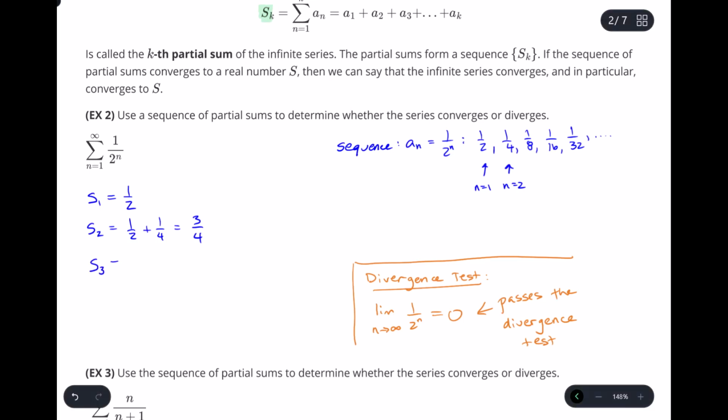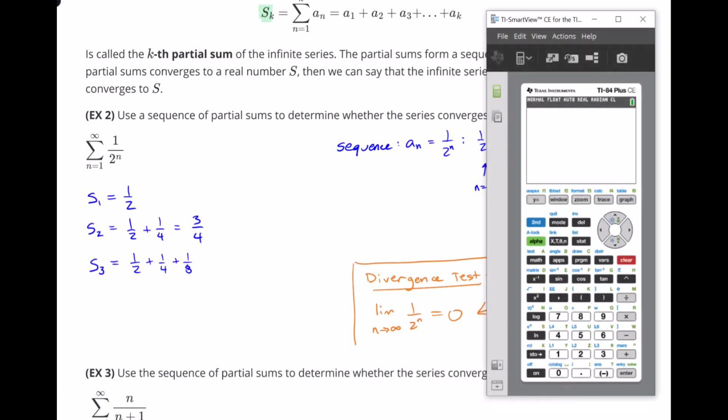S sub 3 is going to be the sum of the first 3 terms. So 1/8 is where n is equal to 3. So in effect, it would be 1/2 plus 1/4 plus 1/8. And certainly feel free to take advantage of your calculator here because the fractions will get crazy after a while. We have 3/4 so far, and then we're adding 1/8 to that.